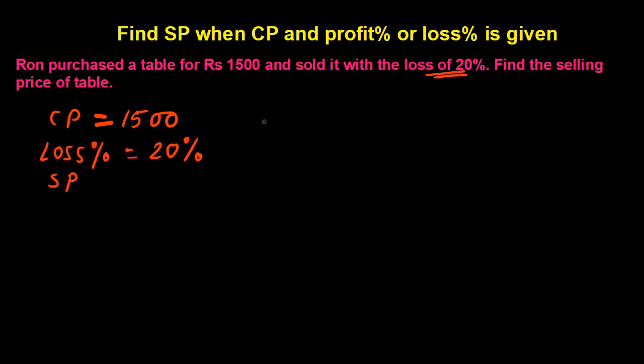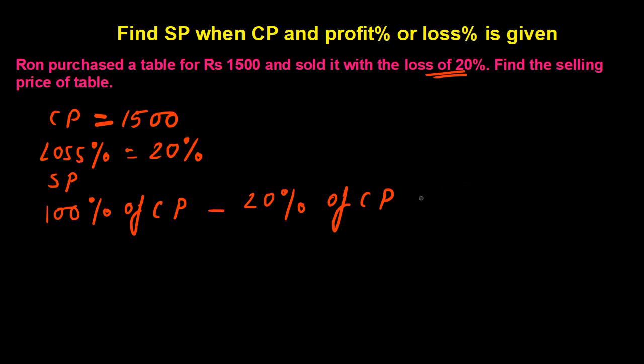Okay, so I'm just writing this again for your information. Once you get through it, you do not need to write this first step. So it's 100% of CP, as it is a loss, you have to subtract, minus 20% of CP, that is nothing but your selling price.